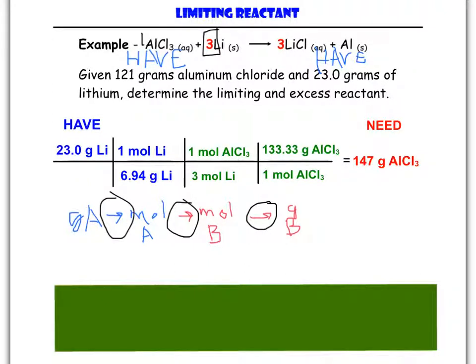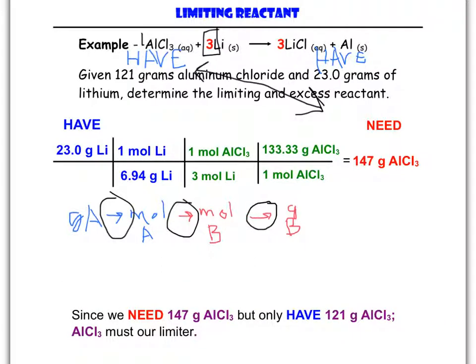Look at that, when we compare these two numbers, I know I have 121 grams of aluminum chloride, but I need 147 grams of aluminum chloride. So that's already telling me that, hey, my aluminum chloride is going to be my limiter.